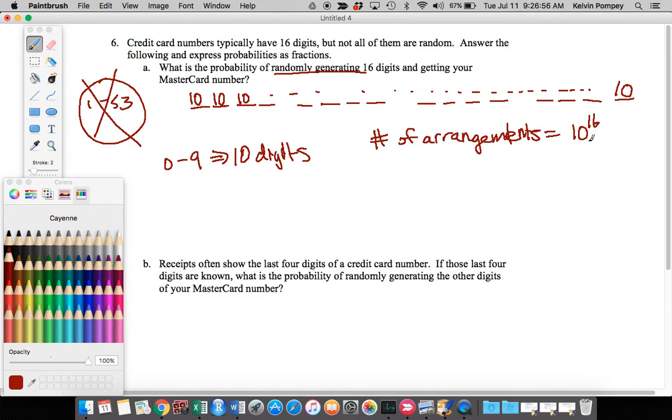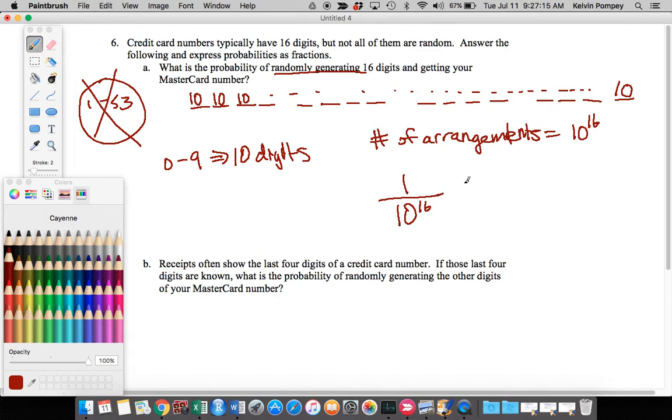If I want to know the probability of randomly generating the 16 digits of my specific MasterCard, there's only one arrangement that I can have, and it'll be over 10 to the 16th. So my answer here will be 1 over 10 to the 16th.